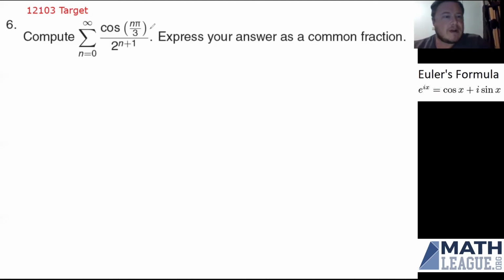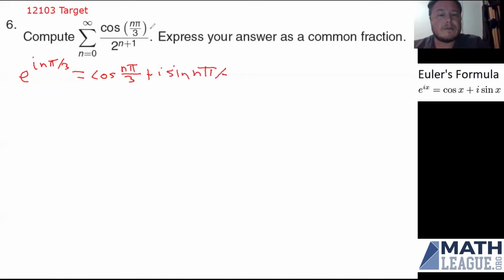Let me just write that down real quick. e to the i times n pi over 3 is going to equal cosine of n pi over 3 plus i times the sine of n pi over 3.